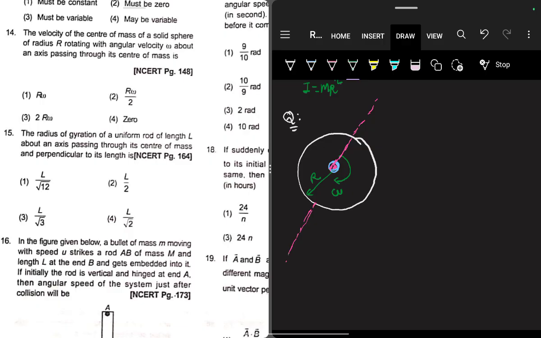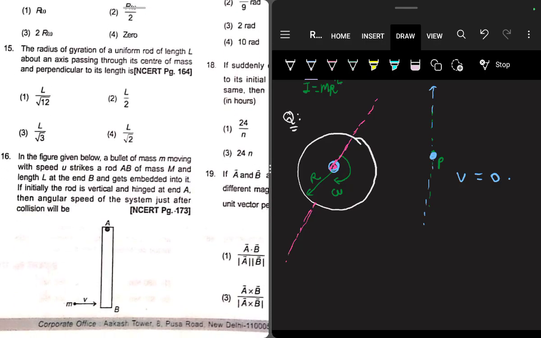So if the axis passes through a particular point, let's say point P, then the velocity will be zero for this point, right? Because here the axis is passing through it, so there will be no linear velocity. The velocity is zero.